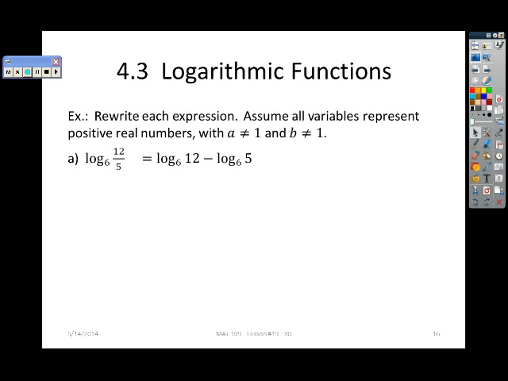One critical thing you need to make sure that you're doing is, in all cases, the base remains whatever the base started with. If it's a base 6, then it remains a base 6. You do not change the base in the middle of the problem. We'll get to a change of base later on, but that's a very specific operation. If you're just using these logarithmic properties, you do not change the base.